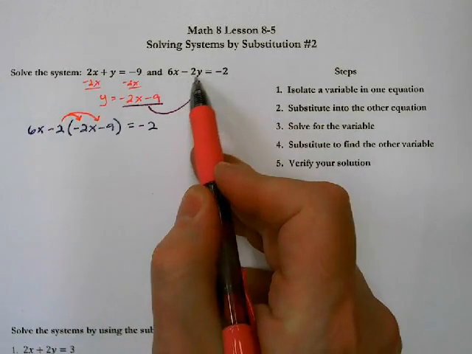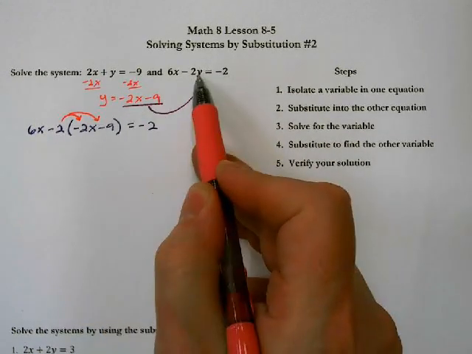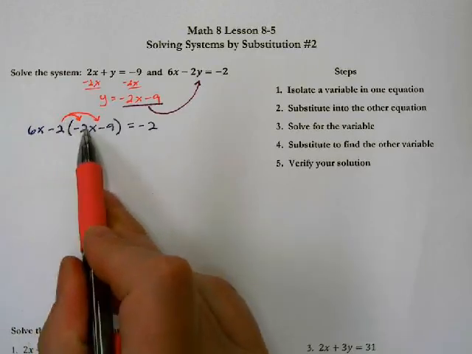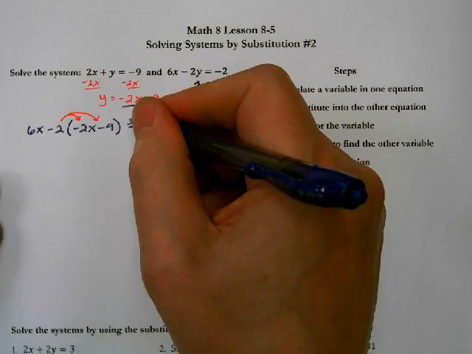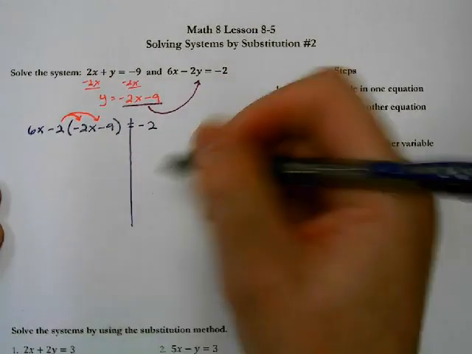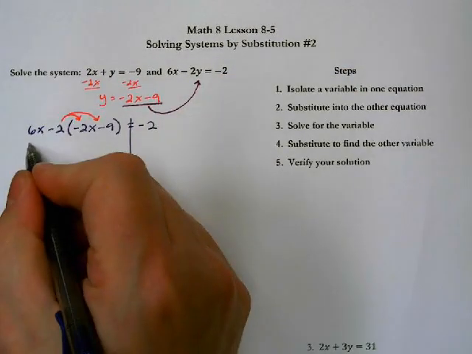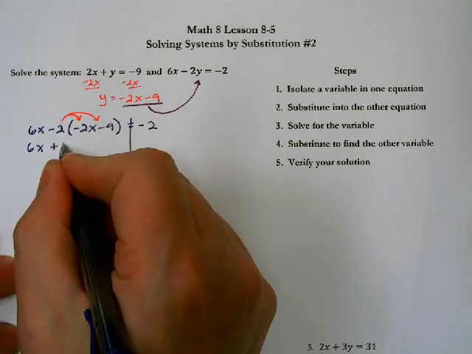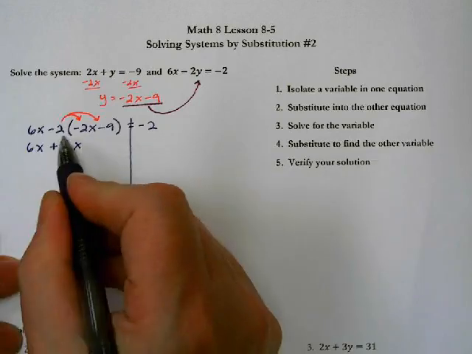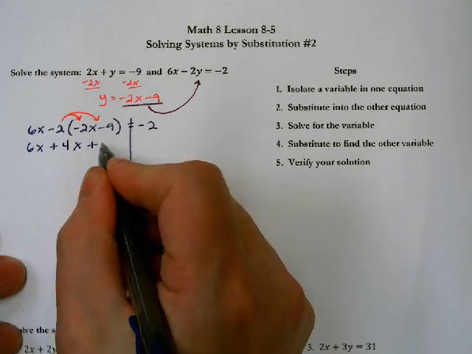Since there was a coefficient in front of y, after I've substituted in here, I do need to distribute. Remember to multiply to both of those. Okay, so here we go. So we got 6x, negative 2 times negative 2x is positive 4x. Negative 2 times negative 9 is positive 18.